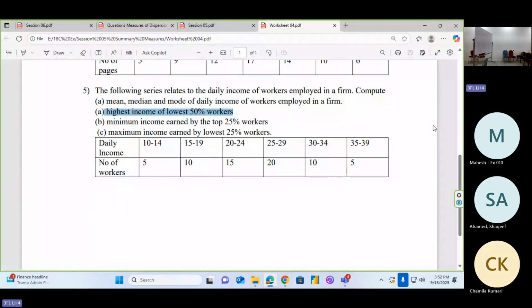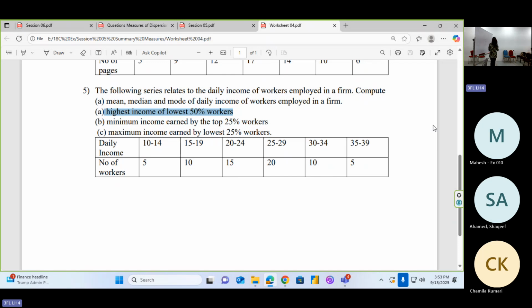Yes, minimum income earned by the top 25% of the workers. Top 25%. Okay. This says minimum income earned by the top 25% of the workers. Which measurement? Q3, the third quartile. We consider the third quartile, greater than the third quartile, 25% of the data.